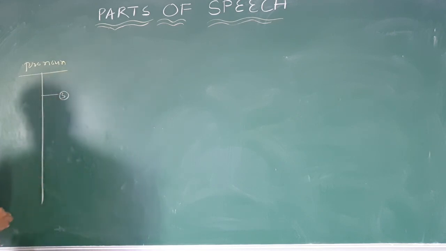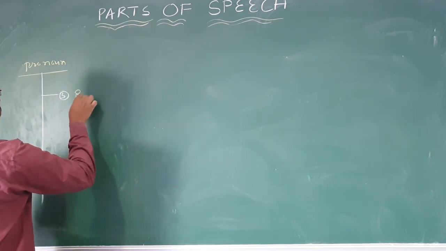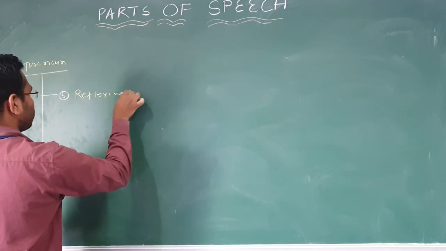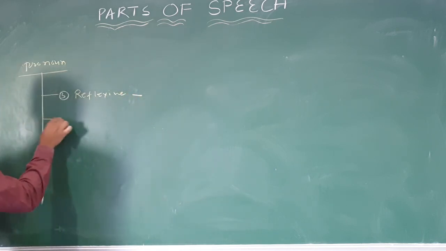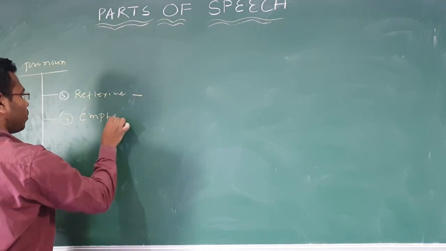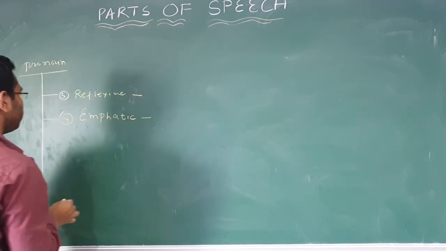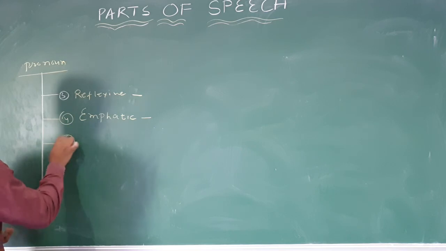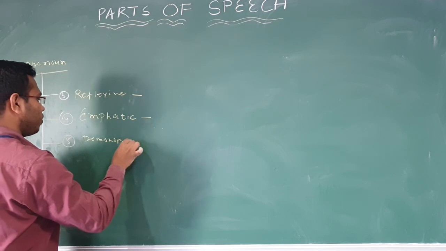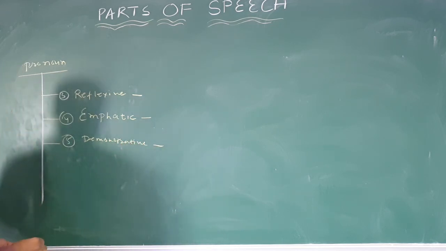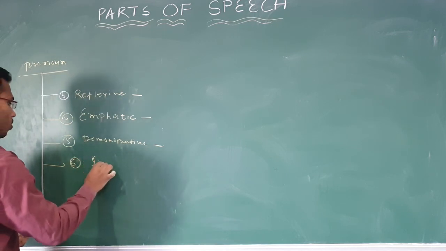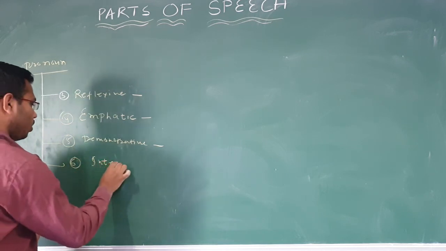Let us say number third is reflexive pronoun, and number fourth we can say emphatic pronoun. All right, then we will describe demonstrative. Okay, we can say interrogative.